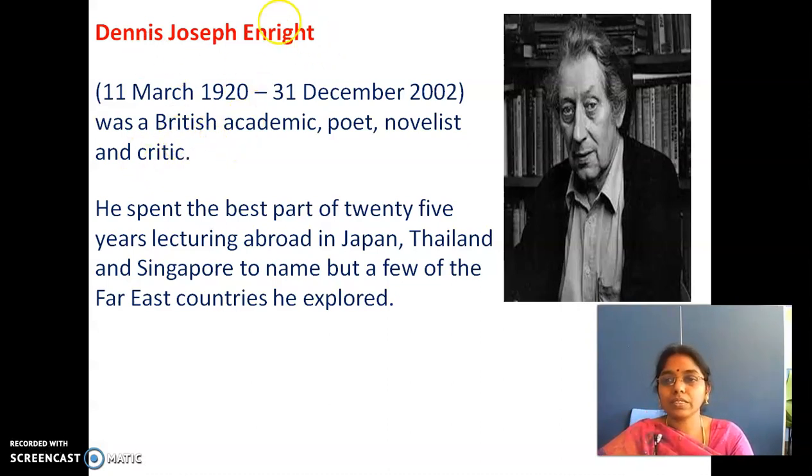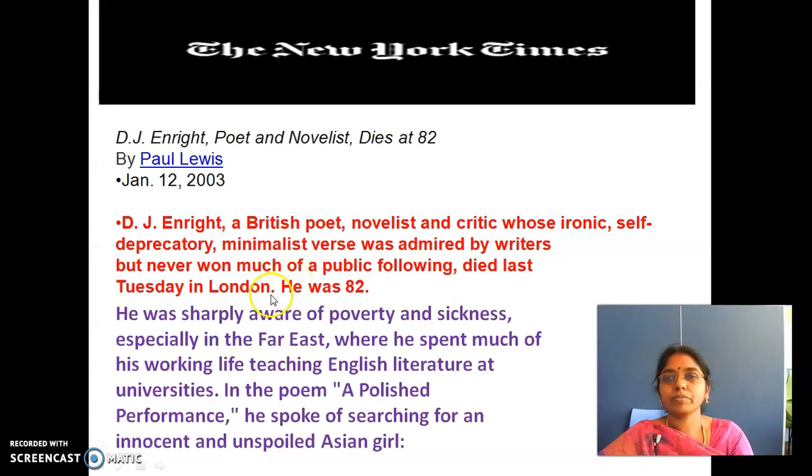That is a critic. He spent the best part of 25 years lecturing abroad in Japan, Thailand, and Singapore, to name but a few of the Far East countries he explored. Explored. What does it mean to explore? Check in your dictionary. We'll discuss this.